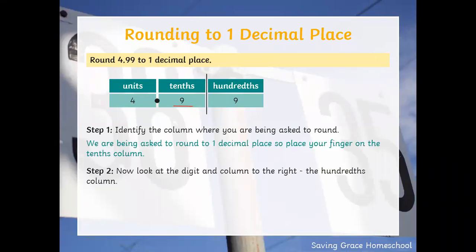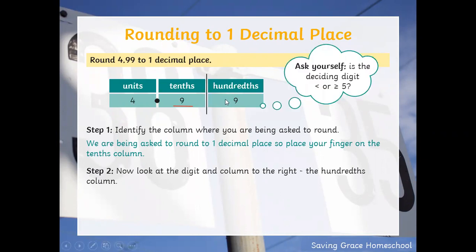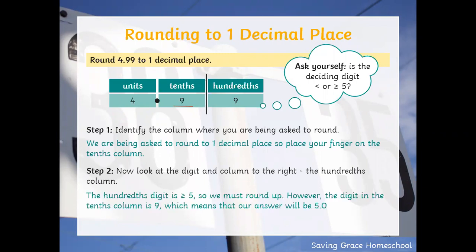In step 2, look at the right of the column. Is it higher or equal to 5? Definitely higher. That means that this 9 will put 1 extra here. So if you put 1 extra 10th, it will become a 10. That means that 4 will become 5. And the answer will be 5.0.